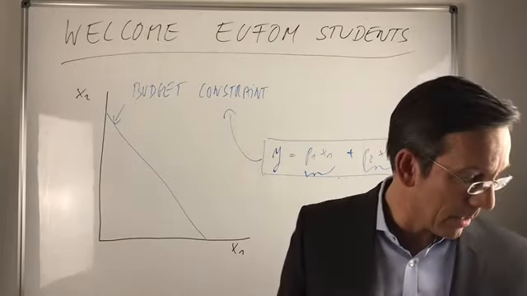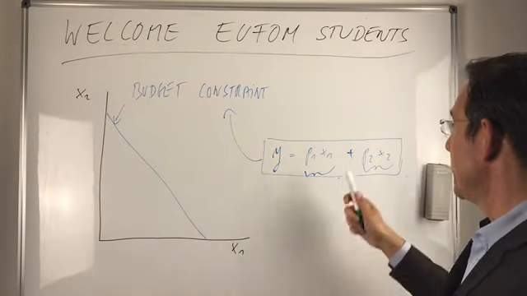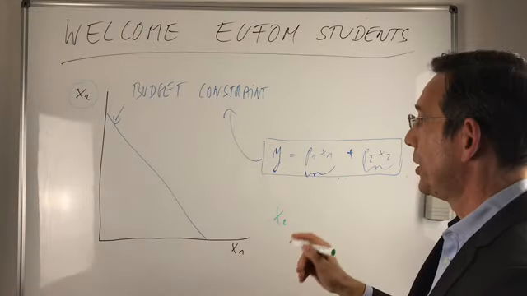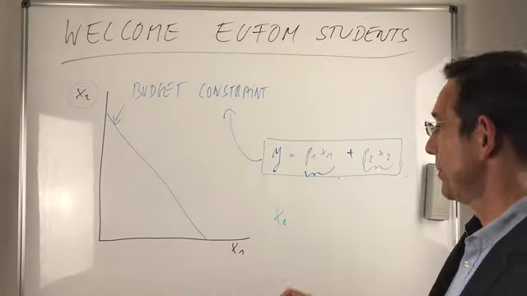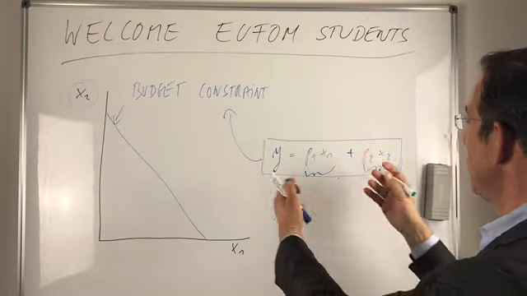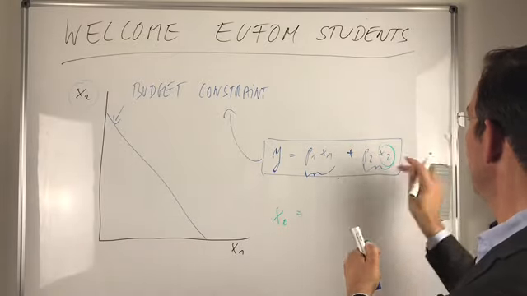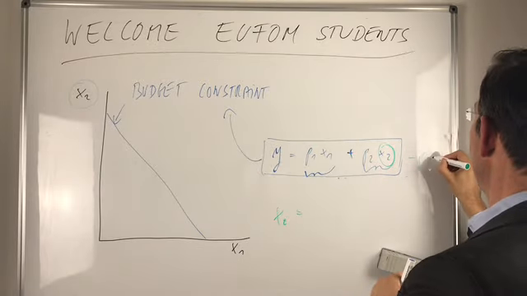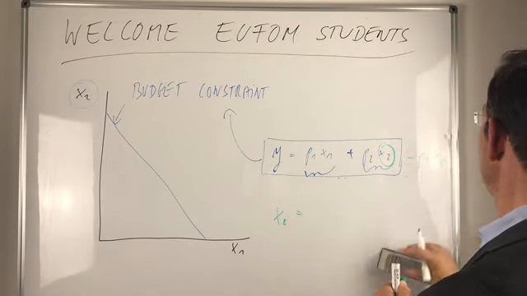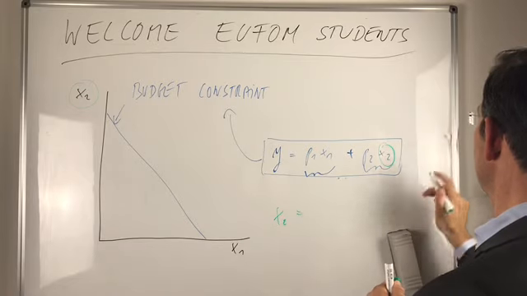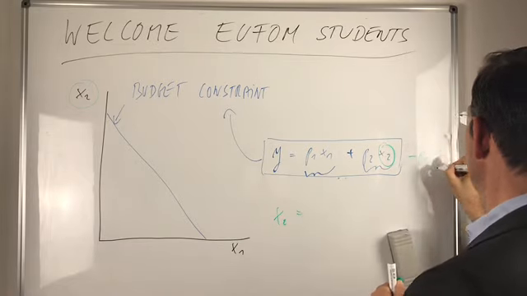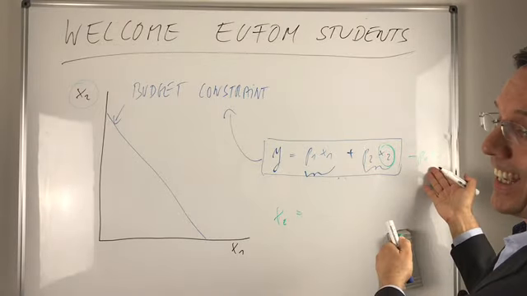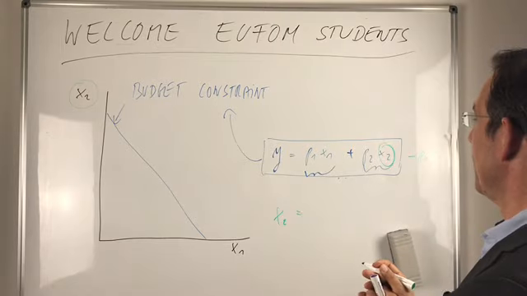So what we do here, step one, we want to see an equation where x2 is on the left-hand side of the equation. And how do we isolate x2? Well, first we take P1, x1, and subtract P1, x1 from both sides of the equation.